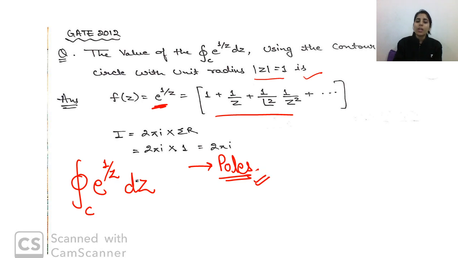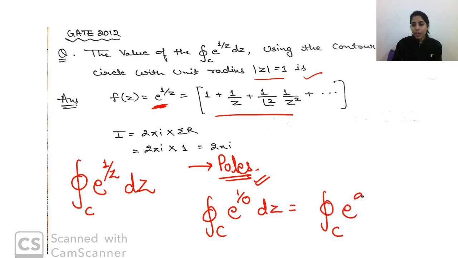To find the pole, if I consider a finite value of z which I can put here, which will make this function infinity, what is that value of z? That will be z is equal to 0. So z is equal to 0. It's going to be the integration over c of e to the power 1 upon 0 dz, which is the integration over c of e to the power infinity.